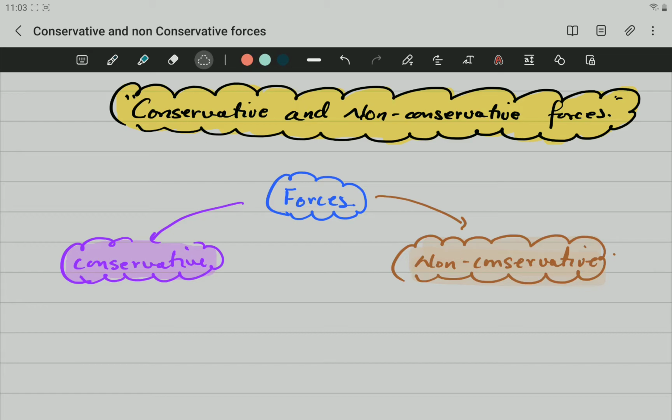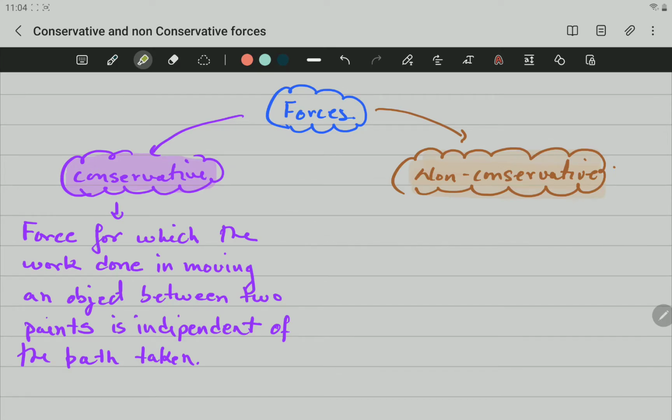Let's start with the conservative forces. Okay, so what is a conservative force? A conservative force is a force for which the work done in moving an object between 2 points is independent on the path taken.